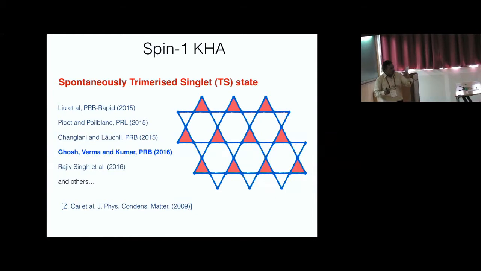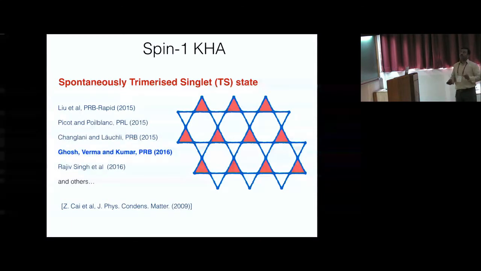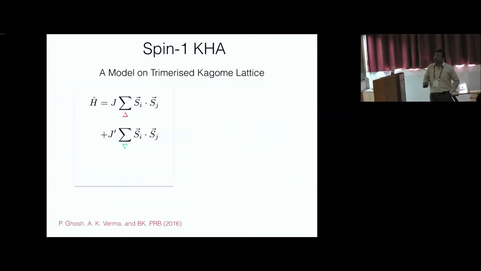Even if you try to think of this trimerized physics, you still have a pseudo spin half sitting on the triangle, and then you still have the dynamics of that pseudo spin half on the entire lattice. So it's a much more complicated problem. Whereas for spin-1, that possibility is available, qualitatively speaking, that locally in the frustrated situation, spins can form a singlet at the triangle level. And it turns out that this is what the spin-1 Kagome antiferromagnet is actually doing.